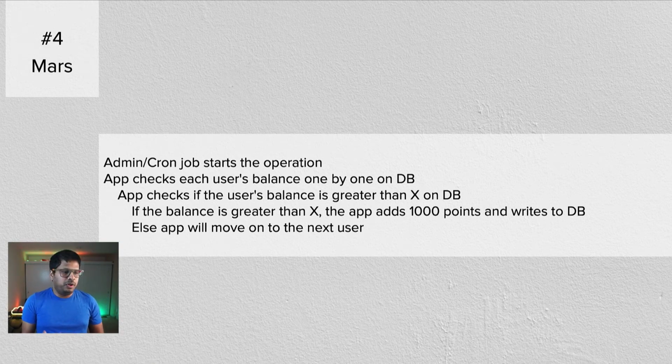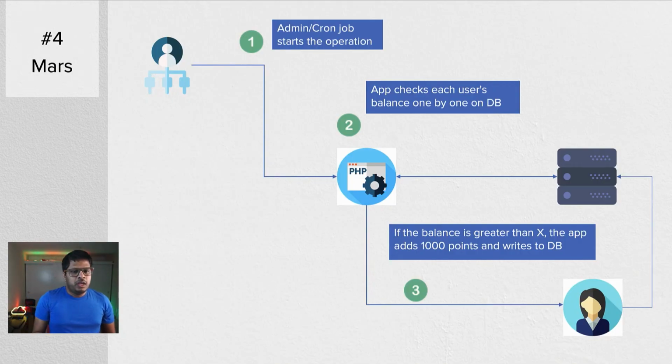It is up to the business owner's discussion to determine that amount. If the balance is greater than that particular threshold, the app will send a ticket or add points, then it will move on to the next user. Alright, so we are looking at the same thing, using a separate diagram.